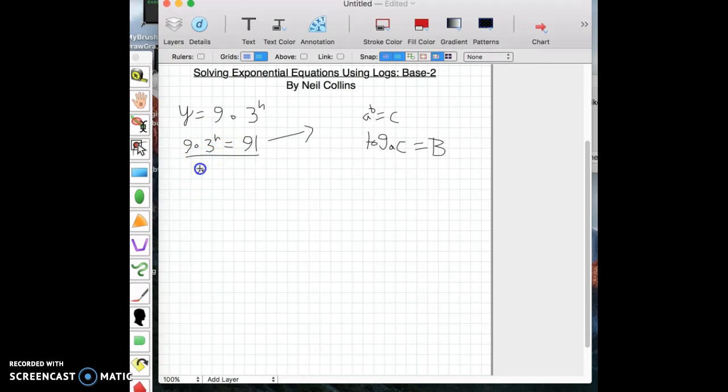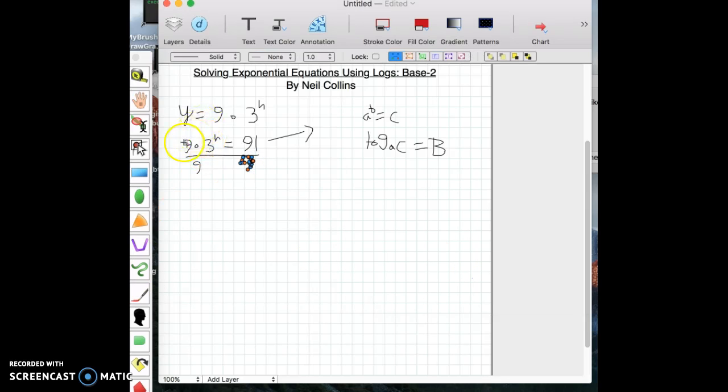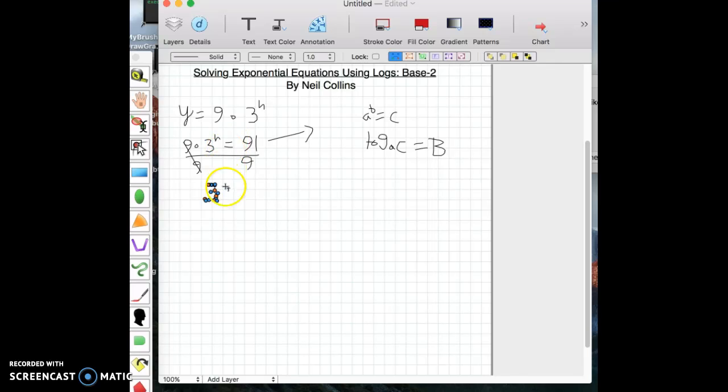So we're going to do that. 9 over here, cancel that side out, and this side right here cross cancels, and that leaves us with 3 to the h equals 91 over 9.